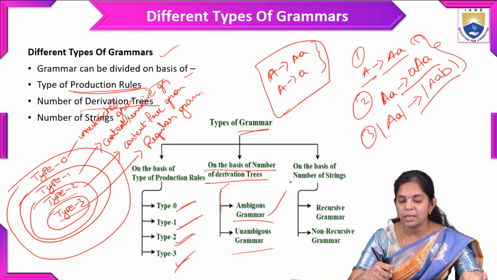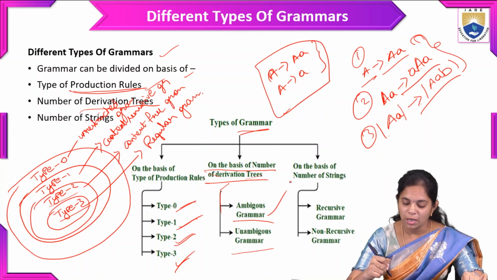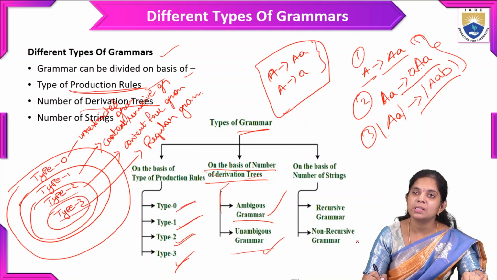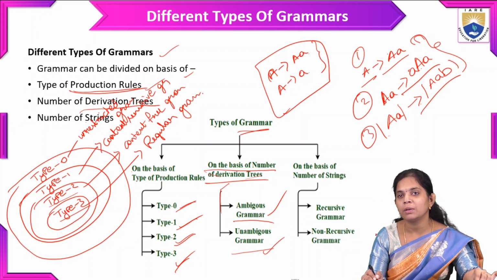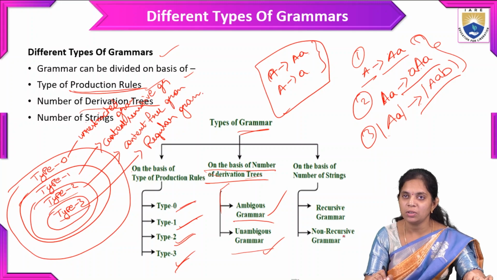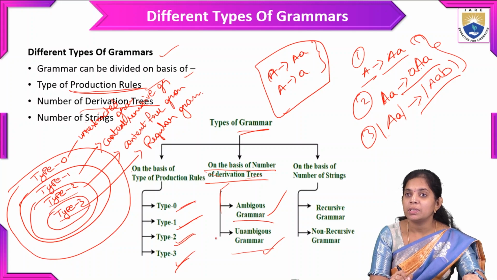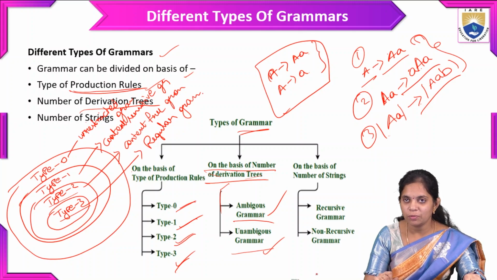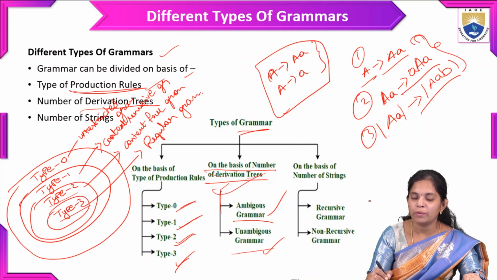And unambiguous is when for one grammar we can represent it with one derivation tree. So based on the derivation tree we can divide the types of grammars, and this is one type.